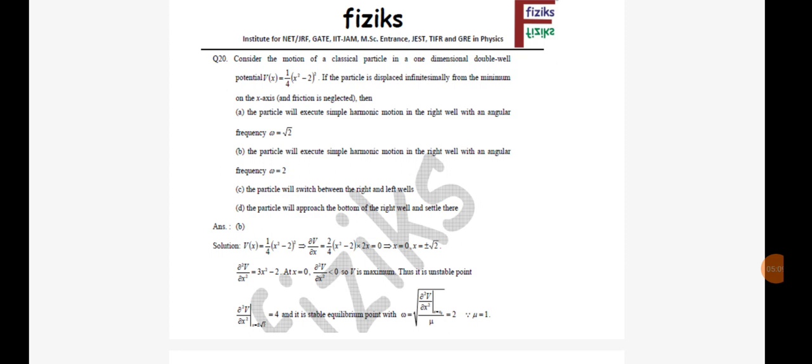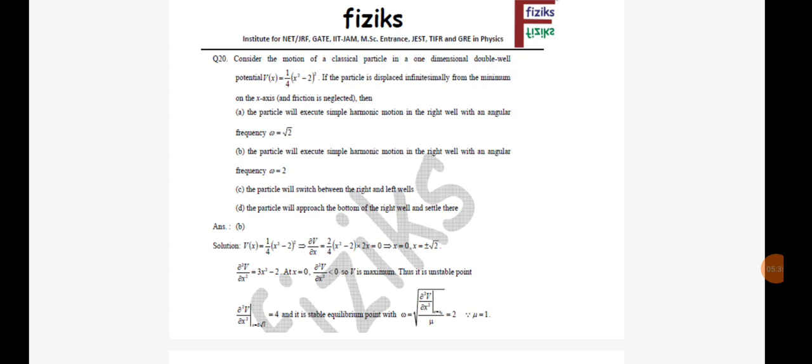The potential is given, and if the particle is displaced infinitesimally from the minimum on the x-axis, they have given four options. We need to find the right option. Again, it is the same procedure, where we need to find the first derivative of the given potential. Again, I'm getting two values of x: one is x equivalent to 0, another one is x equivalent to plus and minus root 2.